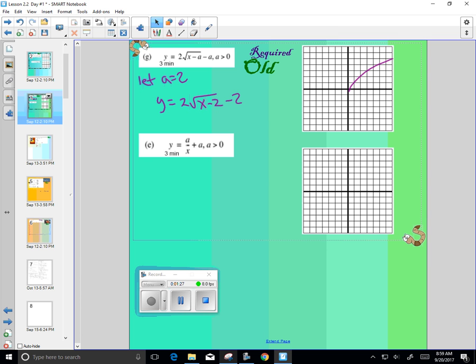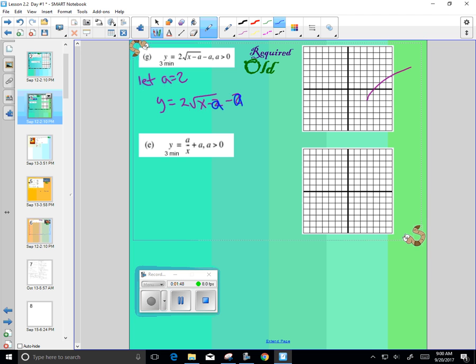Tell me about this minus 2 here. What does that do to this? Moves to the right 2, doesn't it? And what does this minus 2 out here do? Down 2. And so what we can do is put these a's back in.